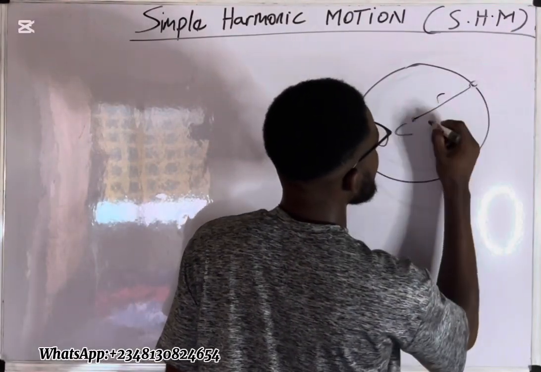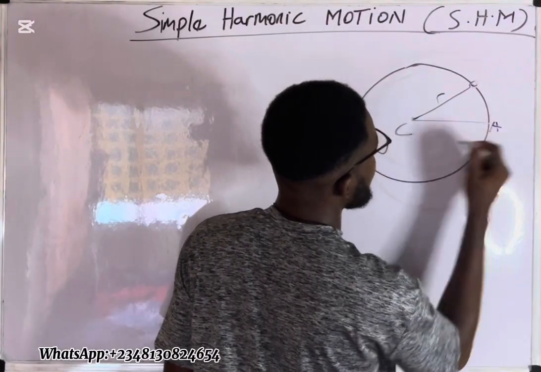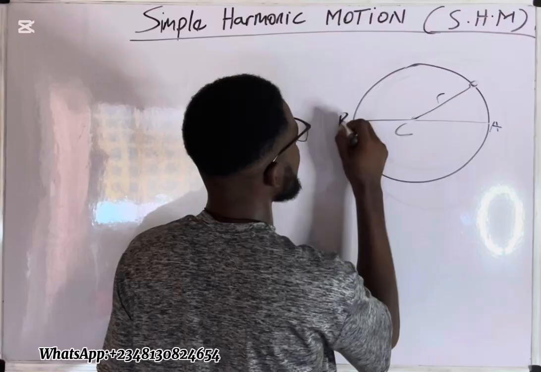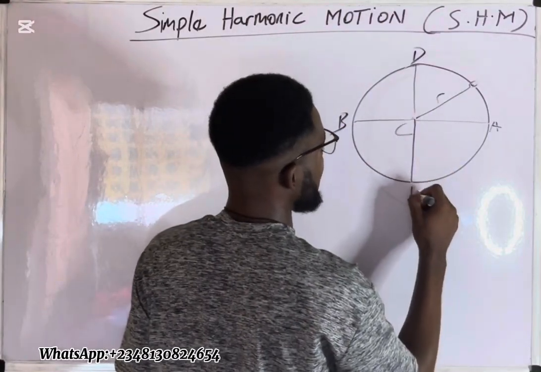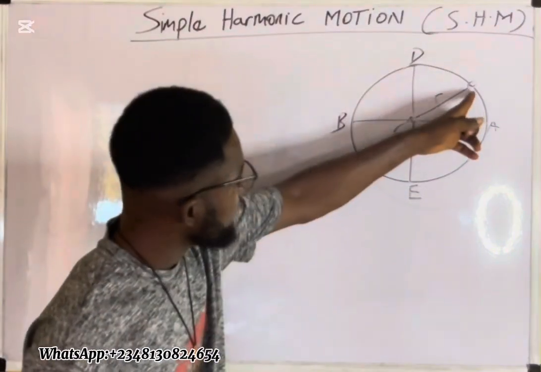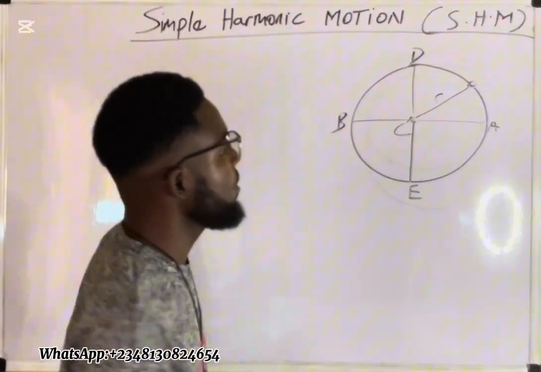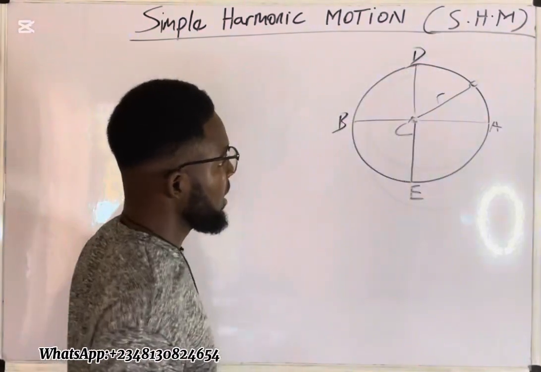Let's call this the radius. Let's say this is point A, point B, point C, point D, then point E. Already the center of the circle. The acceleration of this body is directed towards the center of the circle, and the body is observing circular motion.